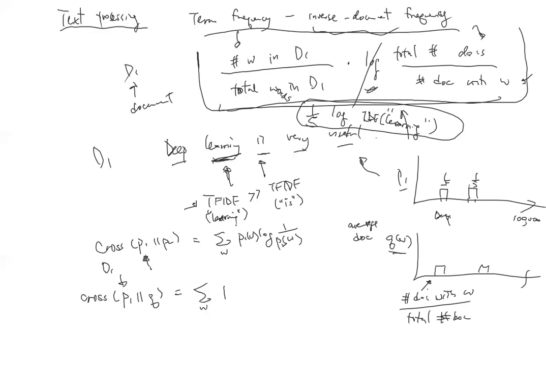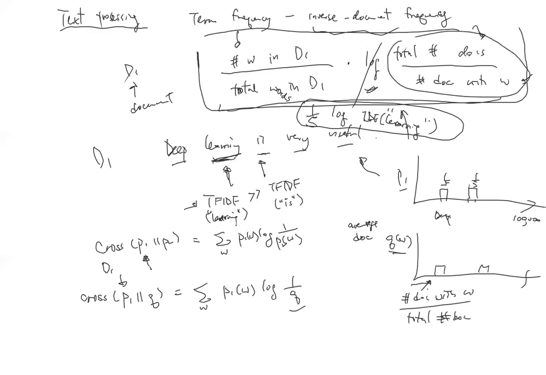The cross entropy will be the sum over W of P1(W) log 1 over Q, let's say. And then you see the definition here: this 1 over Q will be precisely this thing here.